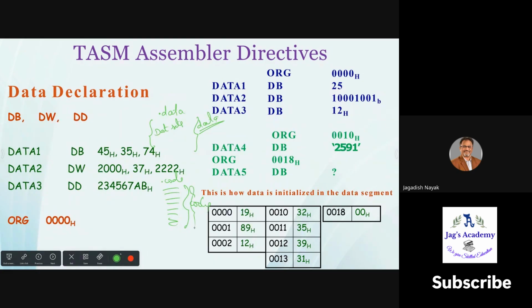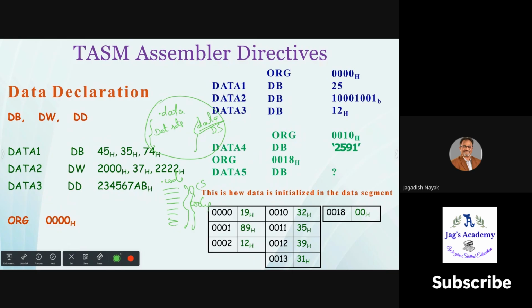So this code part is stored in the code segment part of the memory. Now, when you declare the data in the data part, in the data segment part, how are those data stored in the memory? That is what we are going to see.